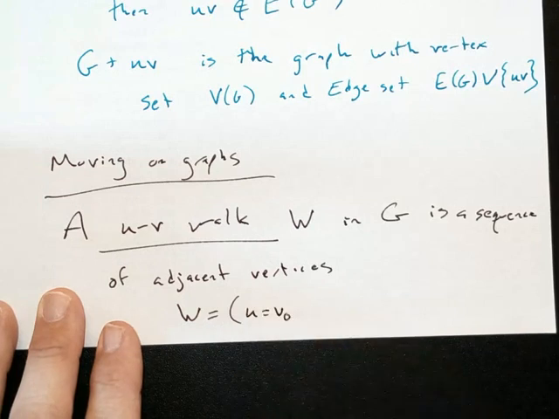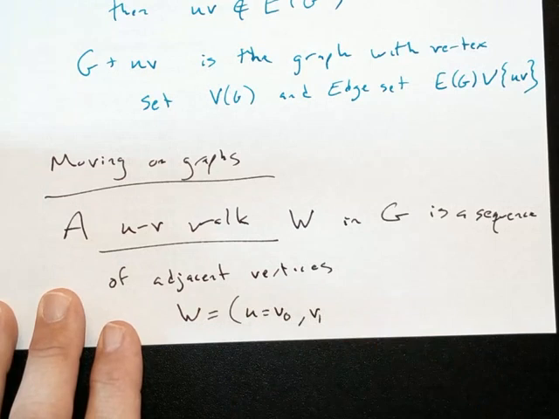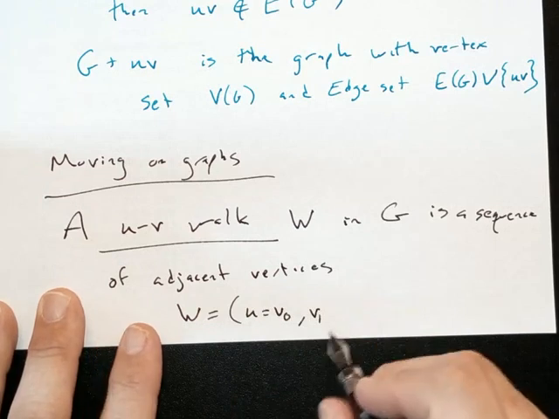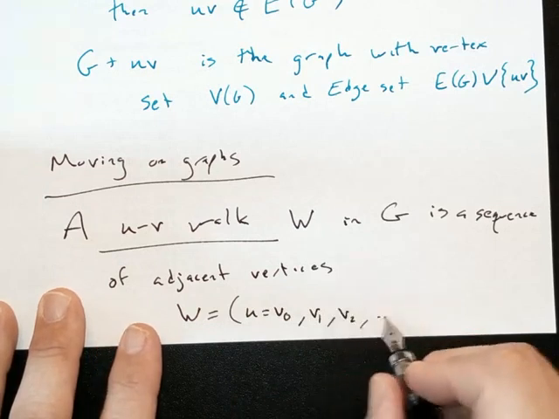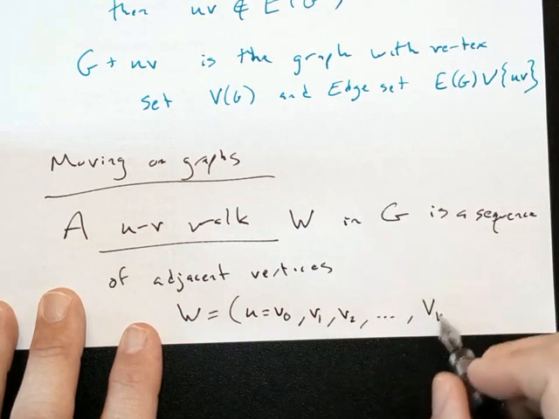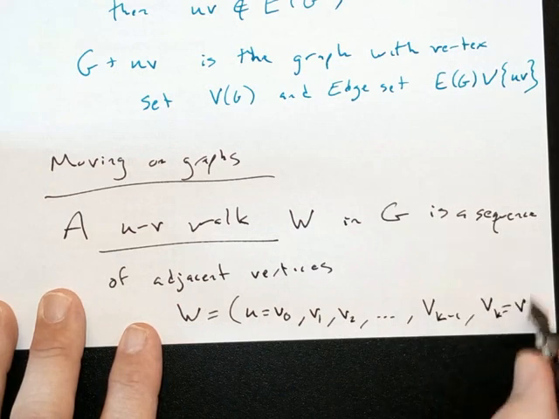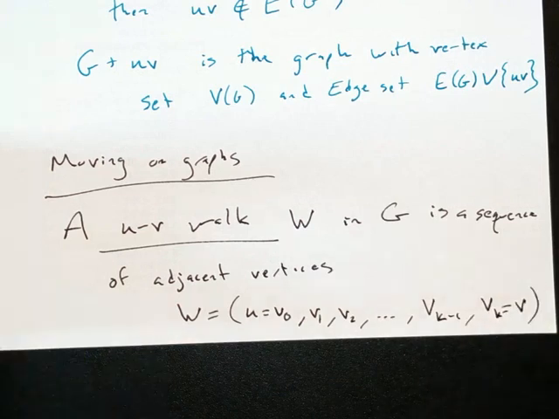U, we'll call that V0. And then we have V1, and they have to be adjacent. So there has to be an edge V0, V1. Then V2, and so on until VK minus 1. VK is my ending vertex V. So I started at U, I went to V. Here are the stops I made along the way.